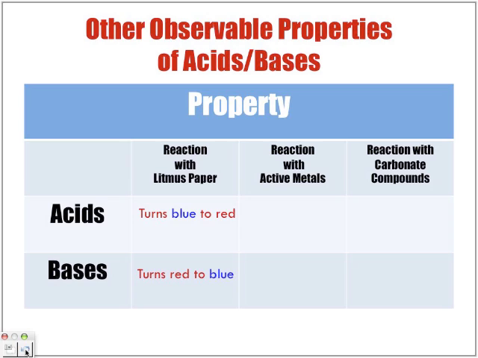Reaction with active metals produces hydrogen gas for acids, and bases do not react. So think about your acid-base reactions. Most acids, as we say, start with the hydrogen. Most bases contain the hydroxide.